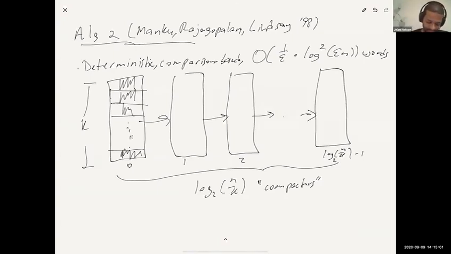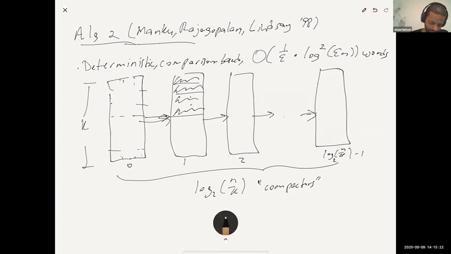So the next compactor now becomes half full. And then you empty out this compactor.